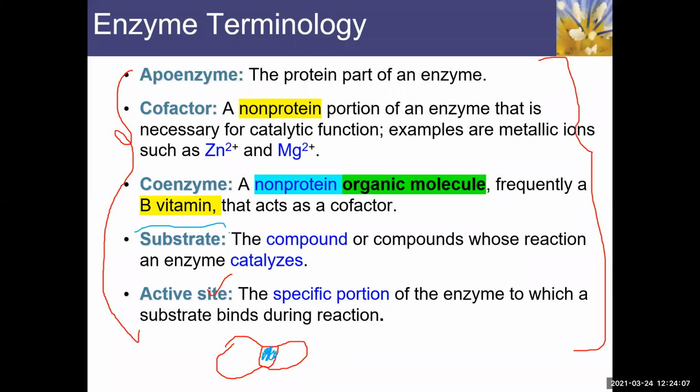So what is a substrate? Substrate is basically that compound which the enzyme will act on. Substrate is the one which is going to bind to the enzyme and form the enzyme substrate complex.